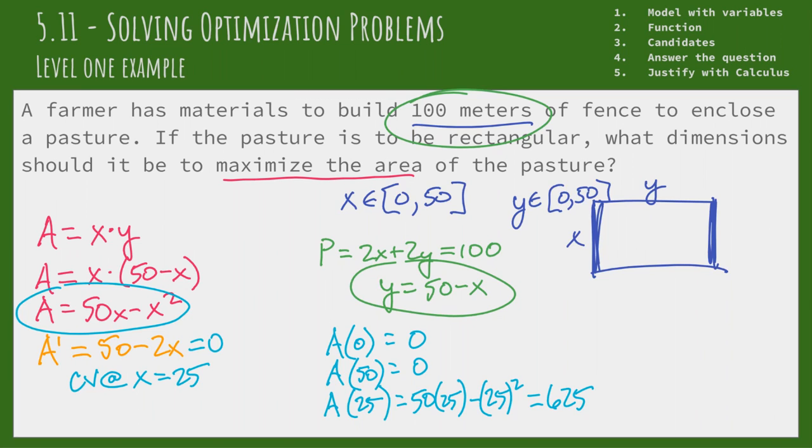We want to make sure that we answer the question though. So if we go back and look at what the question is, the question says, what dimensions should it be to maximize the area of the pasture? So the dimensions that we're going to use will be when x equals 25.